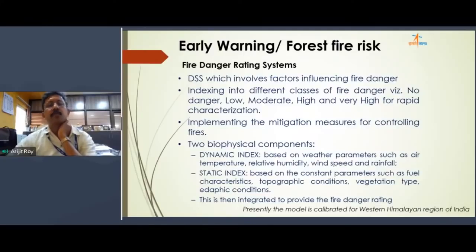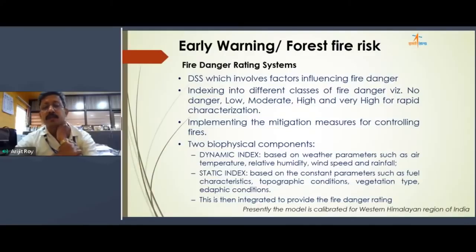What we need is an early warning system. So we started developing a fire danger rating system using various biophysical components. When we analyzed it, we could identify two biophysical components. One is a dynamic index, which is based on the weather parameters like air temperature, relative humidity, wind speed, and rainfall.